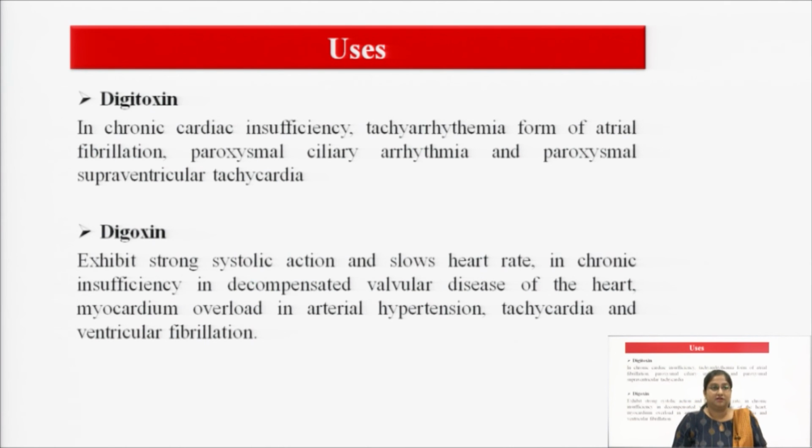Digitoxin and digoxin both are used in congestive heart failure and chronic cardiac insufficiency, whereas digitoxin is also used in tachycardias, atrial fibrillation, paroxysmal arrhythmias, and paroxysmal supraventricular tachycardias, and digoxin is used for its strong systolic action, slowing the heart rate.